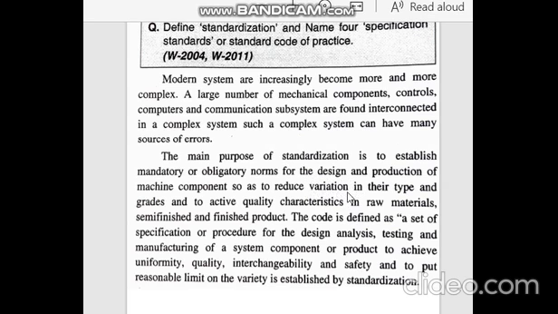If you were to make all those, the variation would be so much that it would be very difficult for the stockists, for the shop people to keep, for people to make. So the spanners will be either 10, 11, 12, 13, 14, 15, 16, 18, 20, like that only you will find.